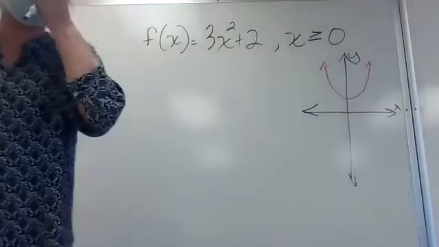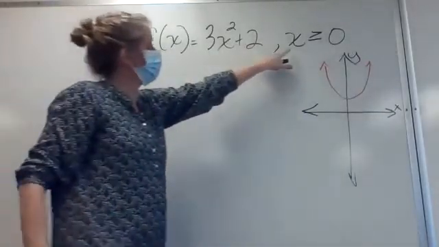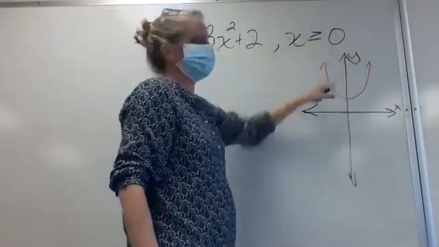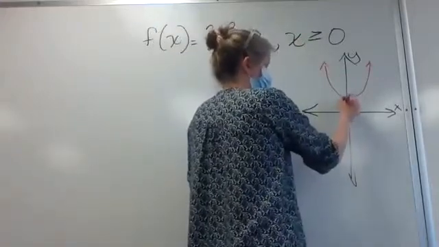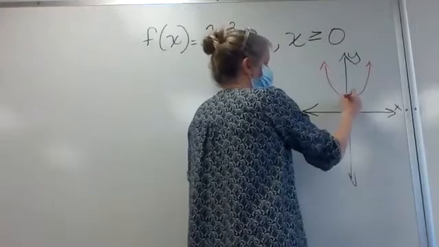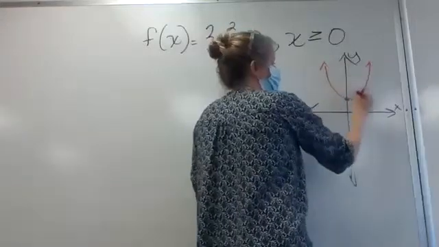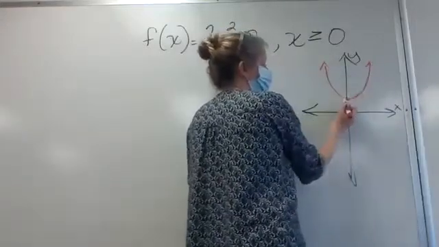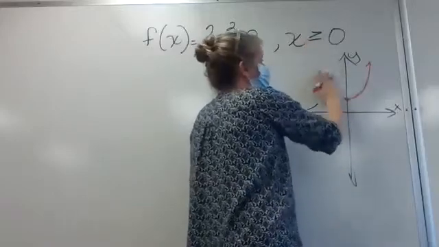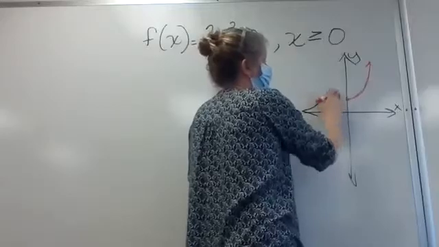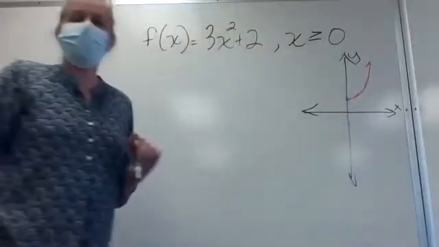But this little statement after the equation says where x is greater than or equal to 0, okay? So here's where x is 0. It just wants you to only look where the x's are greater than or equal to 0, not the x's less than 0.